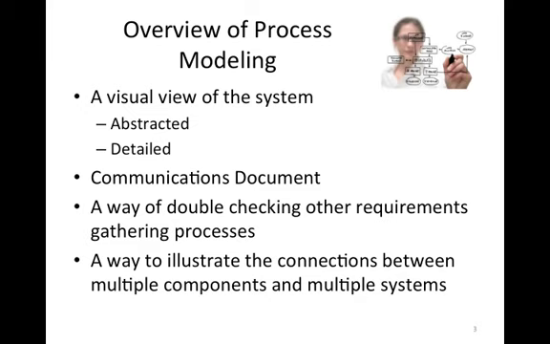So we think of use cases being from the users. We think of process modeling as being the flow between the different components of a system. It's how we can show those connections between the different components, say the student data and the repository data, between the digitization process and the repository, between one system and another.